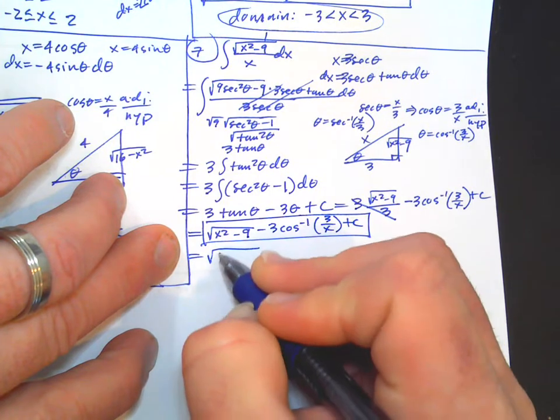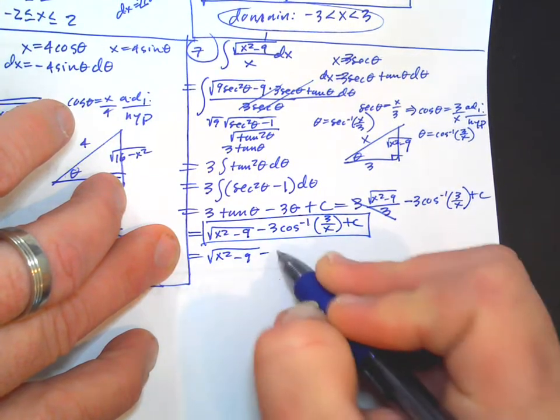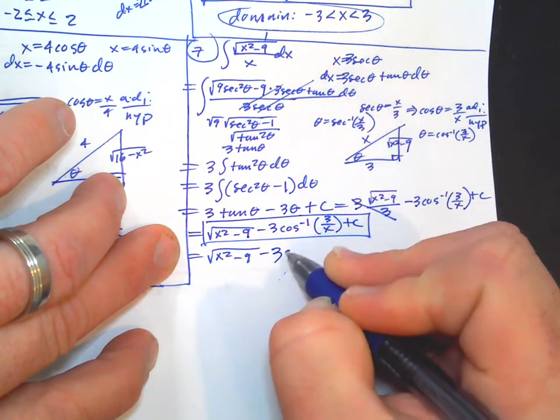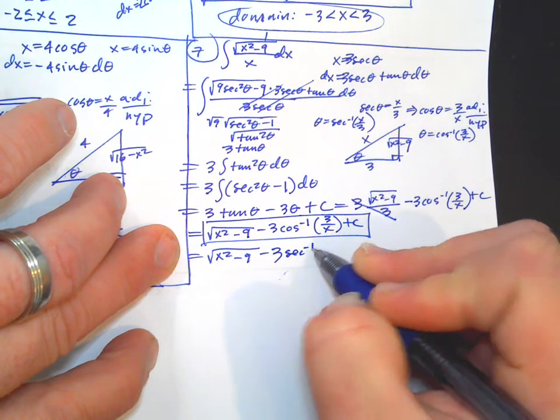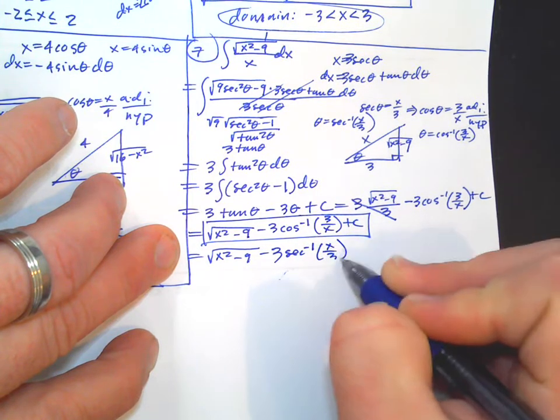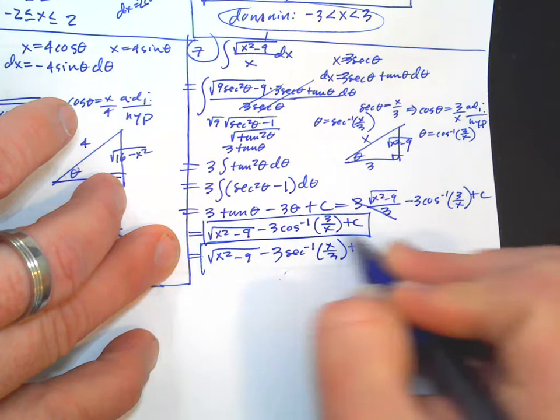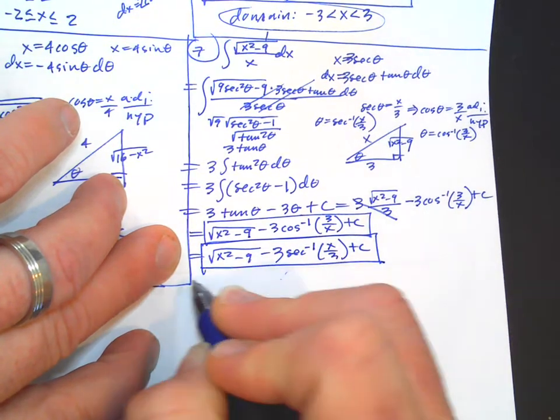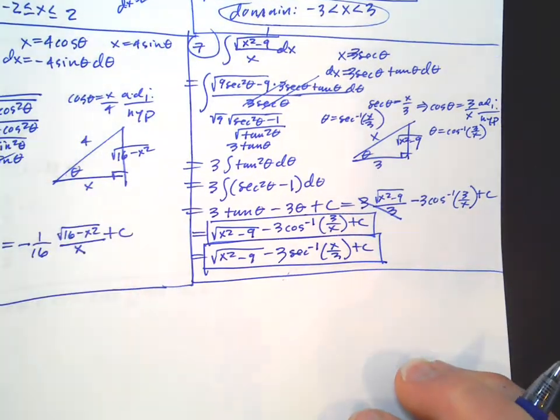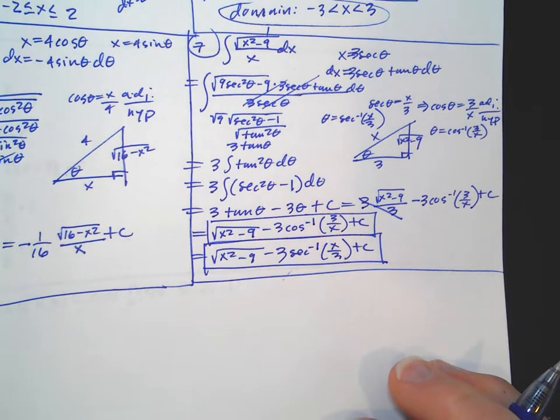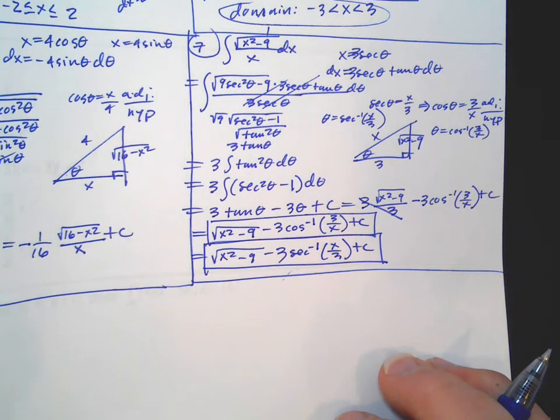Another very close variation is this, but using inverse secant of x over 3 for theta, which is a different way of writing the same thing. So there you go. All right, number 9.